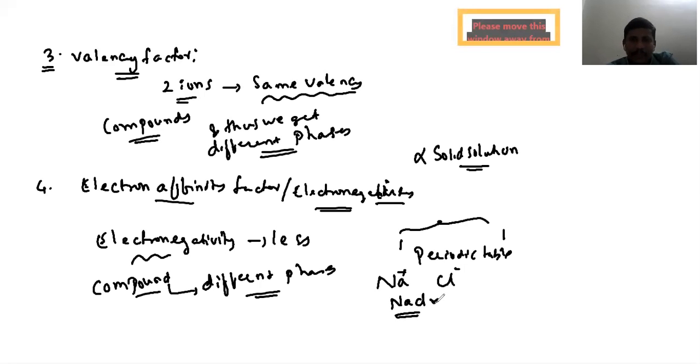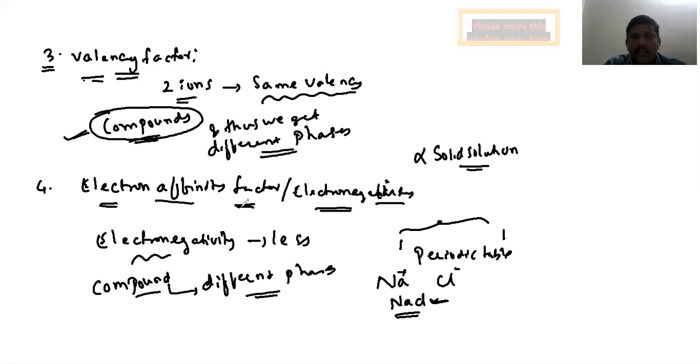So there may be a chance of formation of a different phase when compounds form in the system. So the valency must be the same and the electronegativity difference between the two elements forming the isomorphous system must be small.